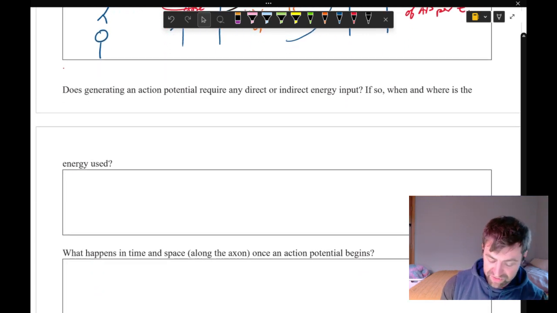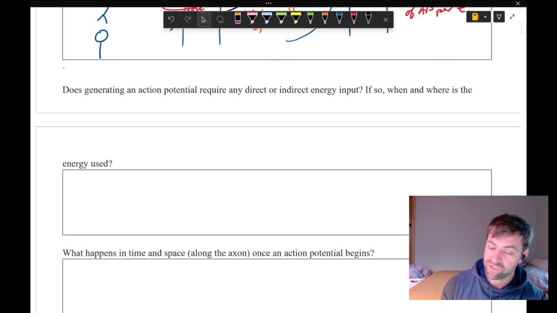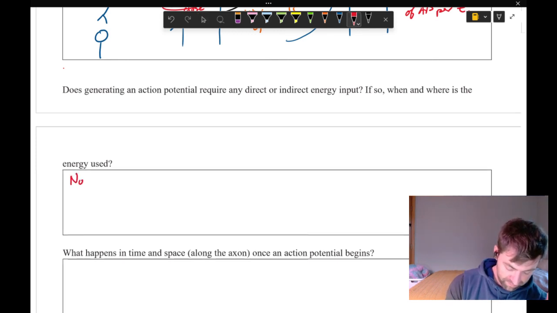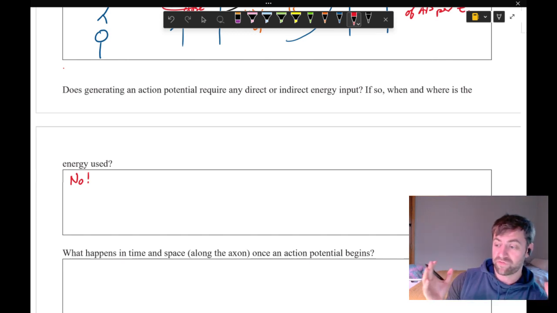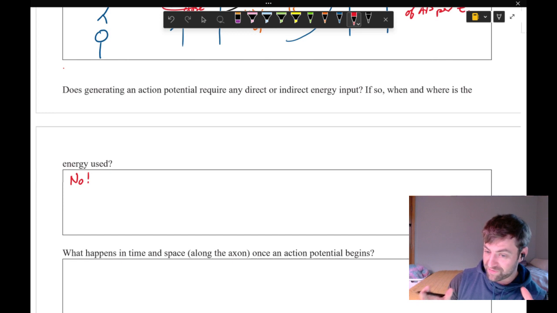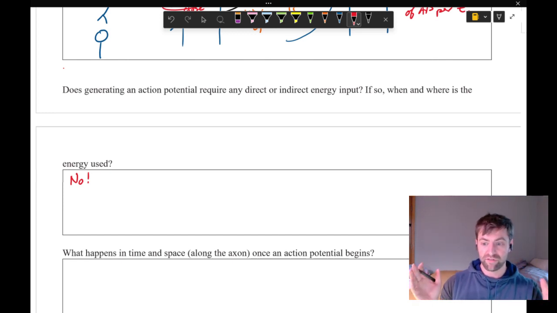Does generating an action potential require any direct or indirect energy input? Short answer is no. No energy required. With the exception of sodium potassium ATPase, all of this is happening just as a result of the latent electrochemical gradients.